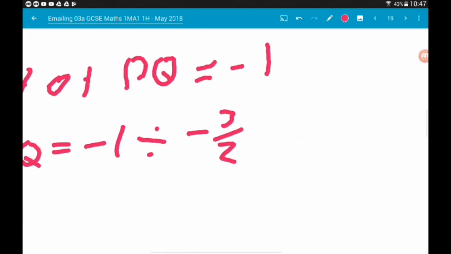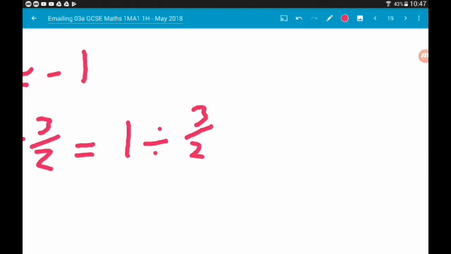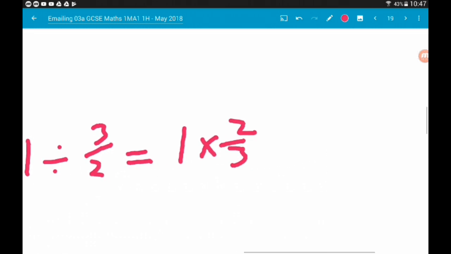So the negatives cancel out. So this is exactly the same as 1 divided by 3 halves. Now when we divide by a fraction, you flip it over and multiply by it. So this is 1 times 2 thirds, which gives us 2 thirds.